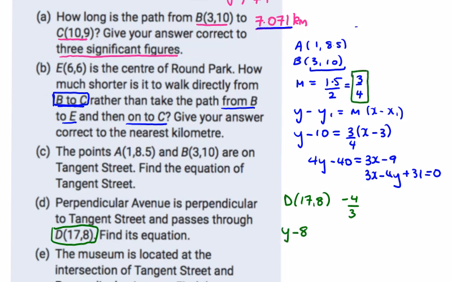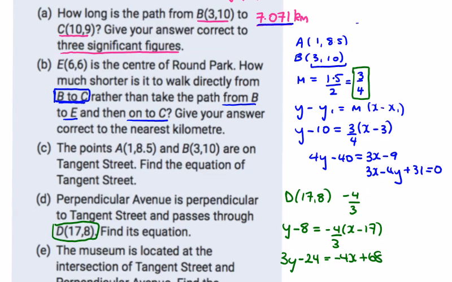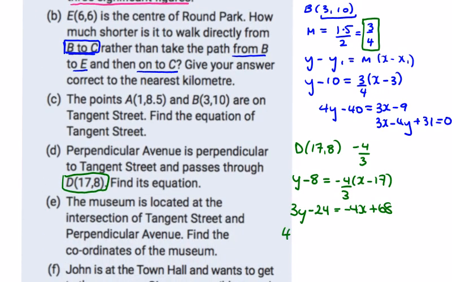So y minus 8 is equal to minus 4/3 times x minus 17. 3y minus 24 equals minus 4x plus 68. I'm bringing these to the left because 4x is negative. We get 4x plus 3y minus 24 minus 68 is minus 92.